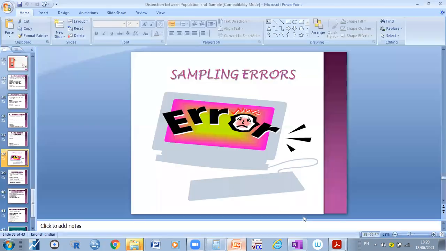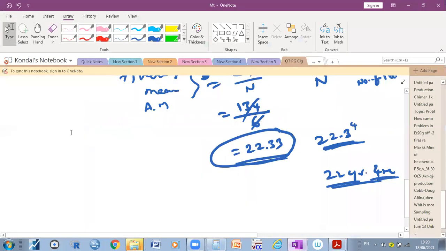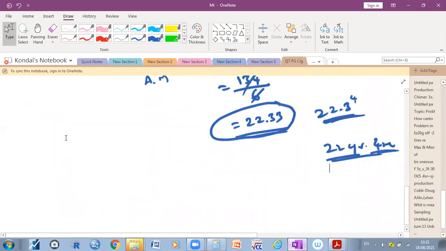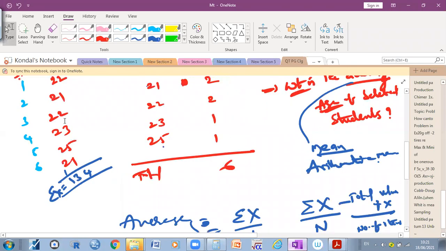For example, when you take the data 22, 21, 22, 20, 23, and arrange it in ascending order, small to big, for example 21, 22, 23, 25. These are the ages, right? 21 two members, 22 two members.